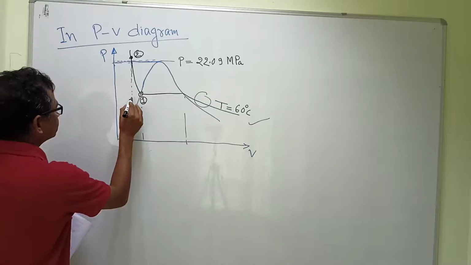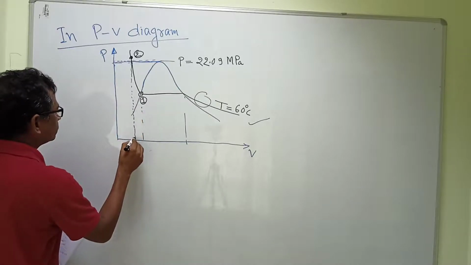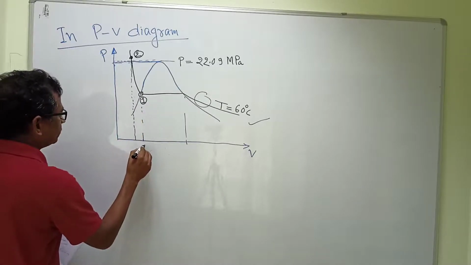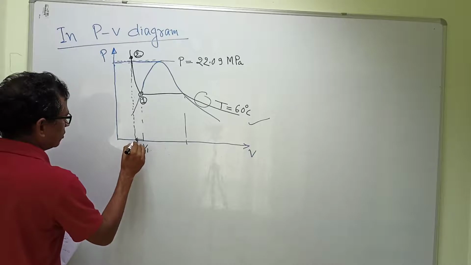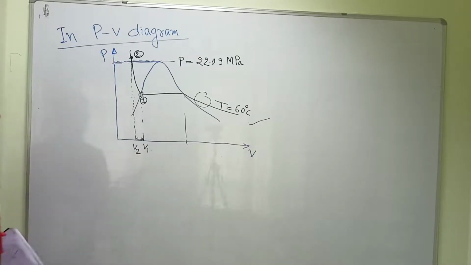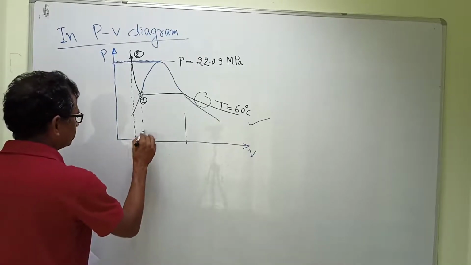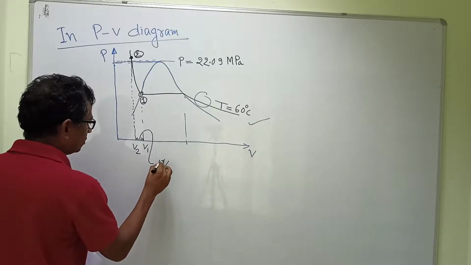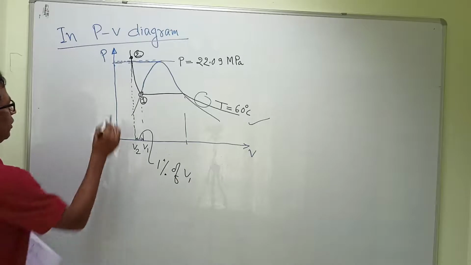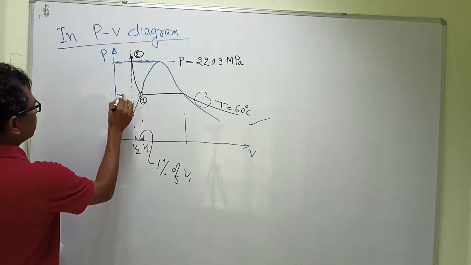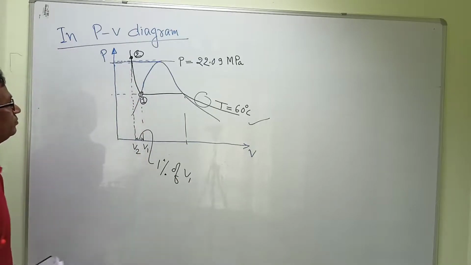So this is V1 and this is V2. This is very small, 1% of V1. For that we need a tremendous increase in pressure.